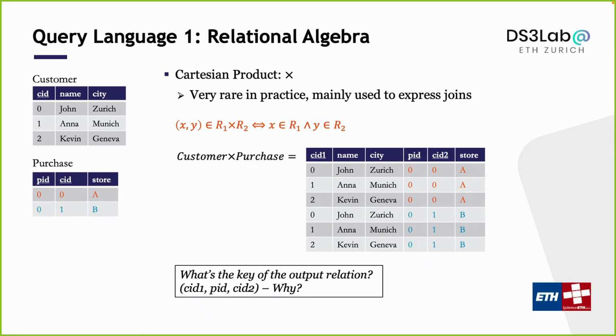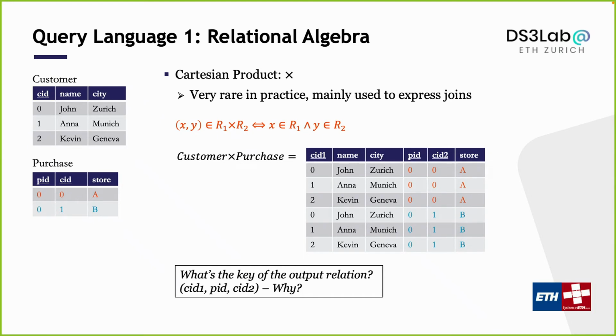So one thing that's actually interesting is, assuming in the input, I have my primary keys. My customer has primary key, customer number. My purchase has a primary key, which is product ID and customer ID. Okay? So what is the key of the output relation when you have a cross product? Essentially, it's going to be the combination of the primary keys from the input.